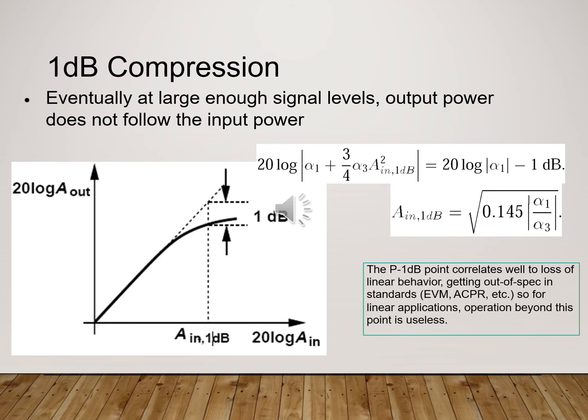So amplifiers should always be operated below this point. Power 1 dB is one of the most important specifications for power amplifiers and amplifiers in general, and it's up to this point that we consider an amplifier to operate linearly.